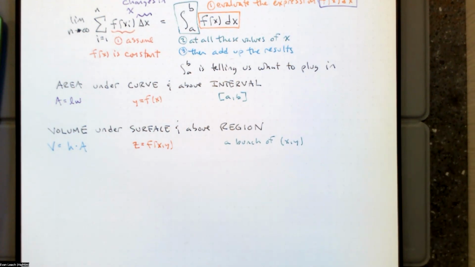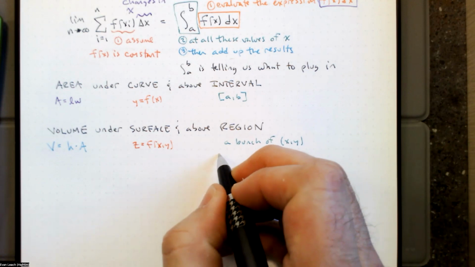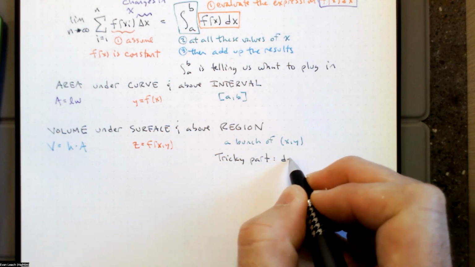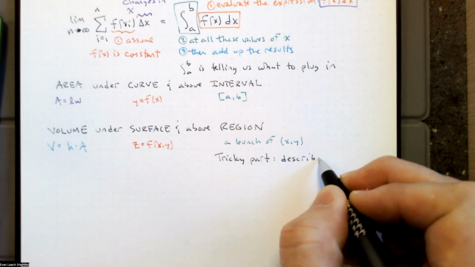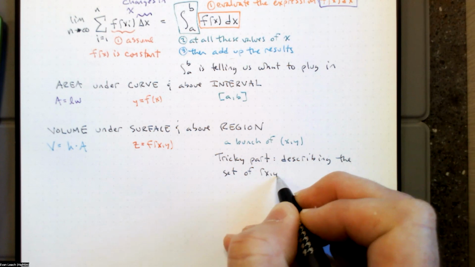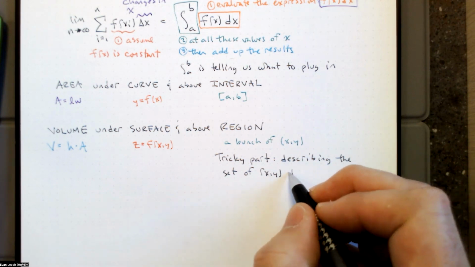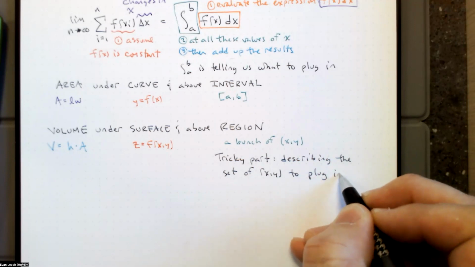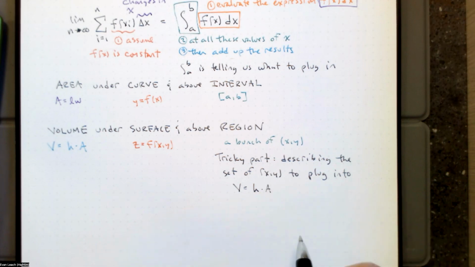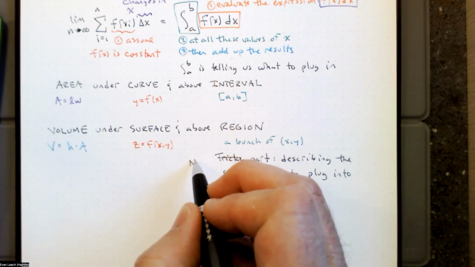The tricky thing that we have to deal with now is that we have to describe what values of x and y we're plugging into our volume expression. It's not really the tricky part. It's just the new part.